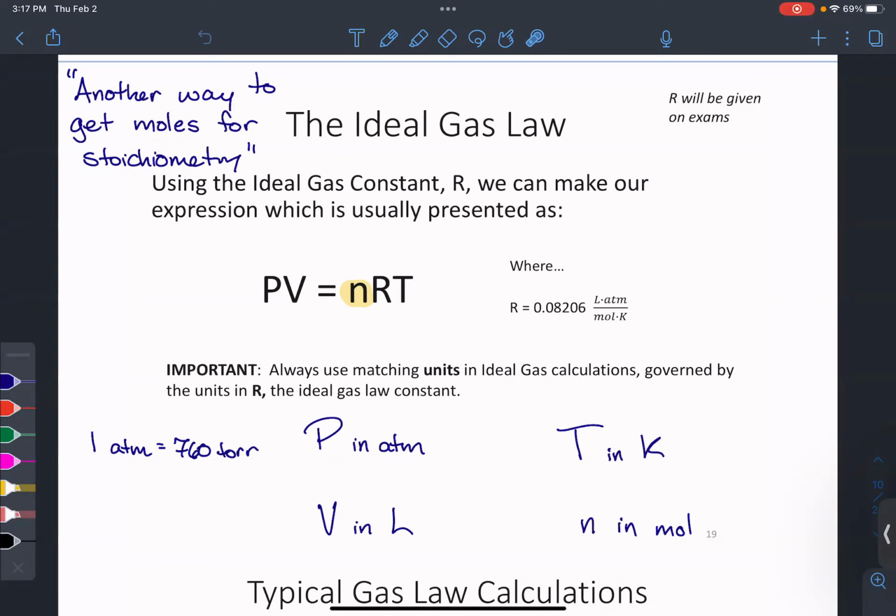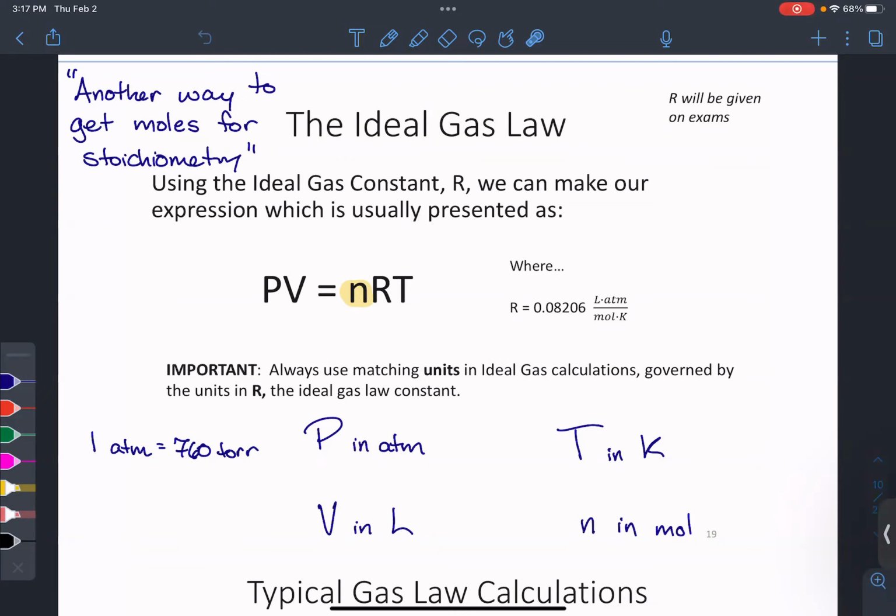Whenever you plug numbers into PV = nRT, we need to have our units match. I love equations, but equations are like vending machines: you can't just put whatever you want in. You have to put in US currency, and if you put in crumpled up bills, the machine is going to spit it out.